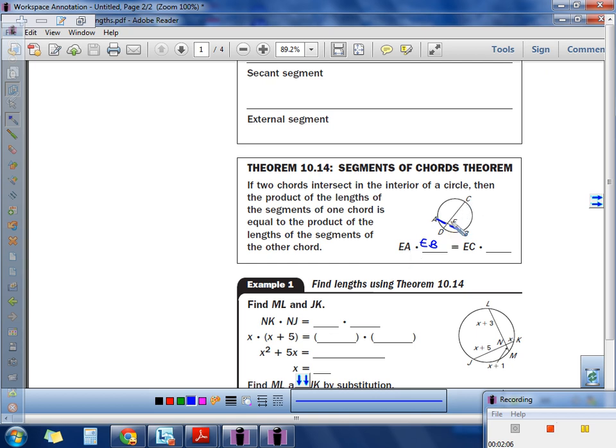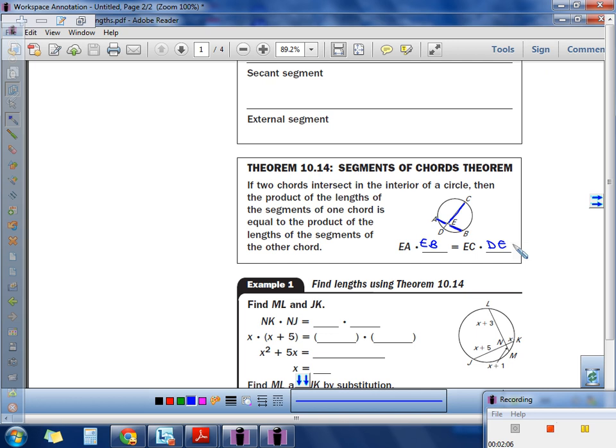Same thing for the other chord. Whenever it's chopped into 2 separate pieces, those are the 2 pieces we're going to be multiplying. So there's EC times the other piece that's left over, DE.